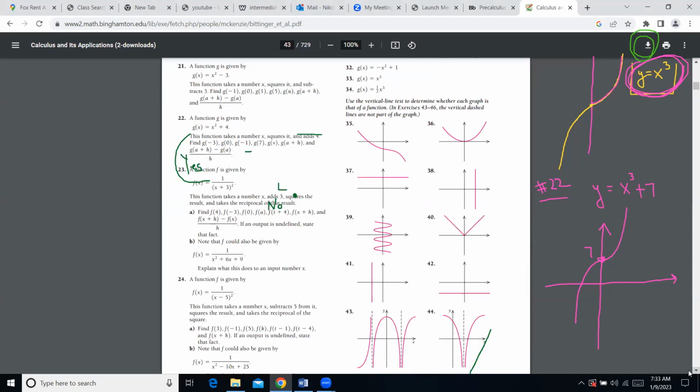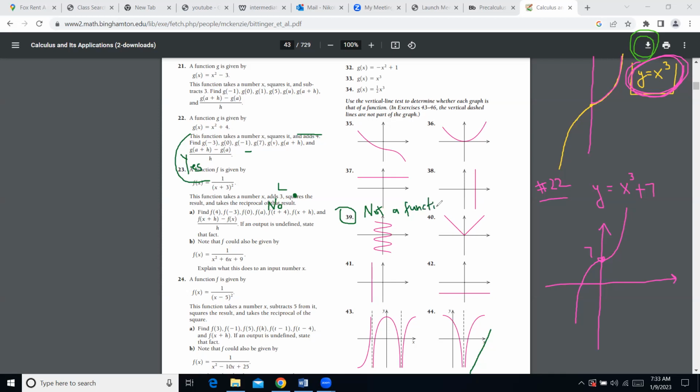And this vertical line test story deals with the graphs of not functions, like the one here, for example. It's not a function, so say not a function. Why not? Do you remember? Vertical line test fails, right?